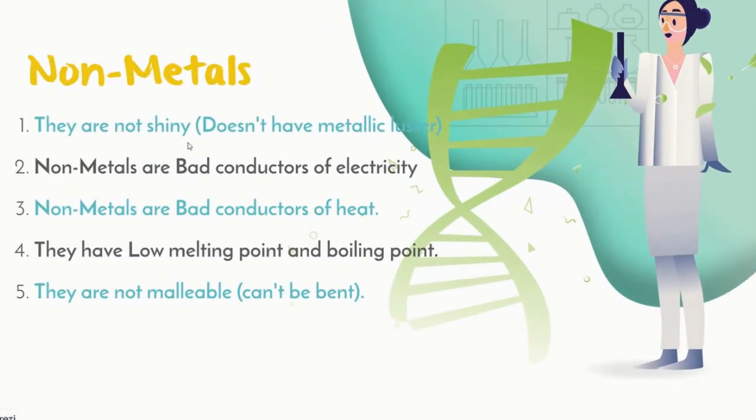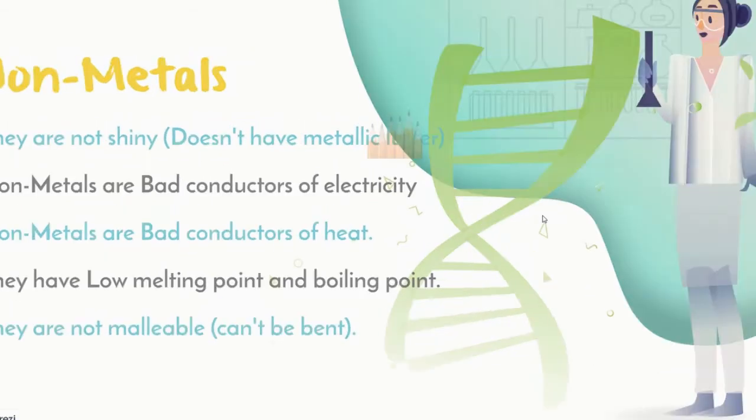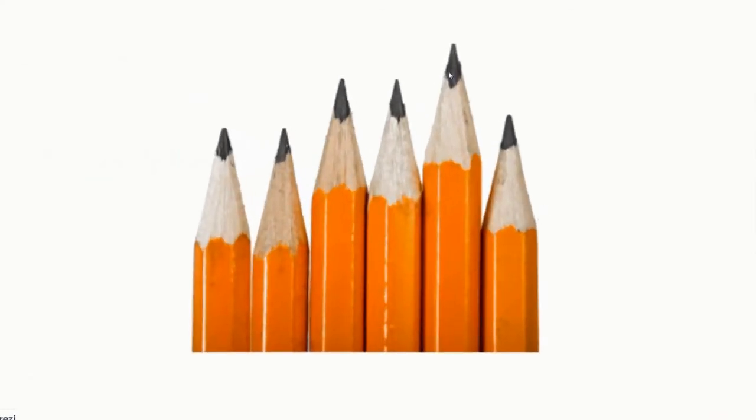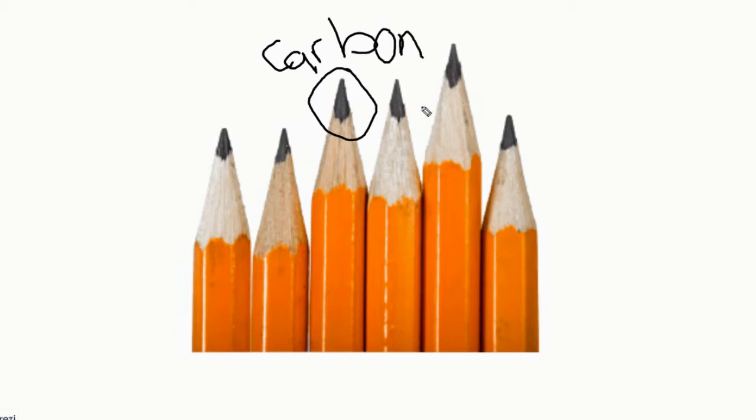Nonmetals are not shiny, so we can say they don't have metallic luster. For example, in these pencils, this gray area is called carbon. And carbon is a nonmetal. Can you see it shiny?